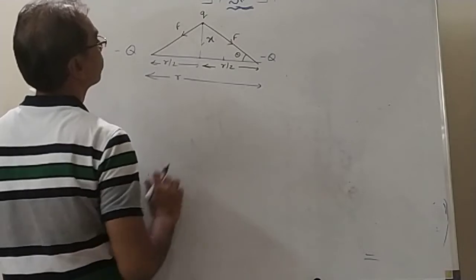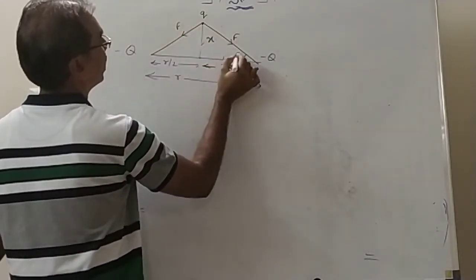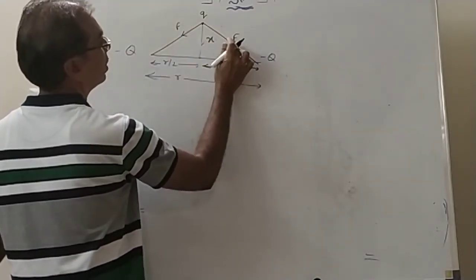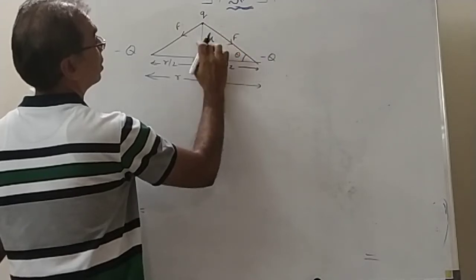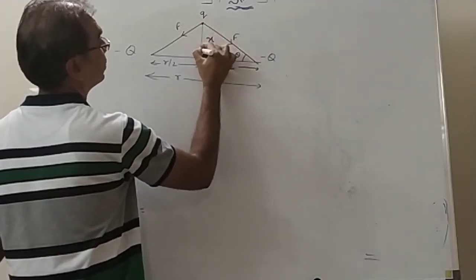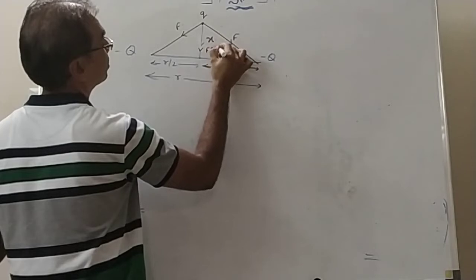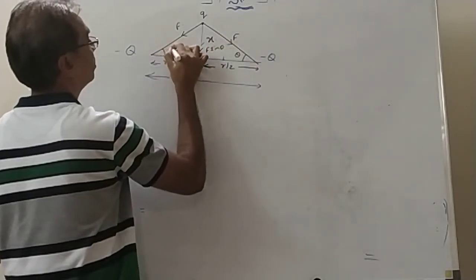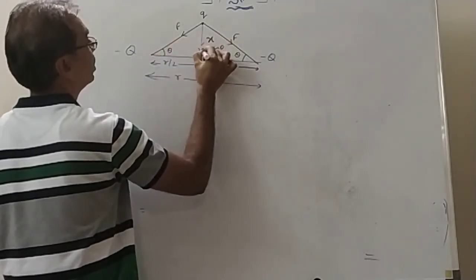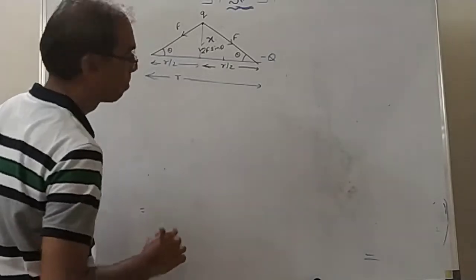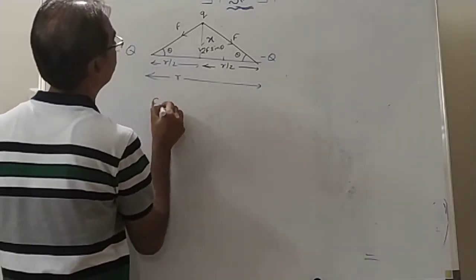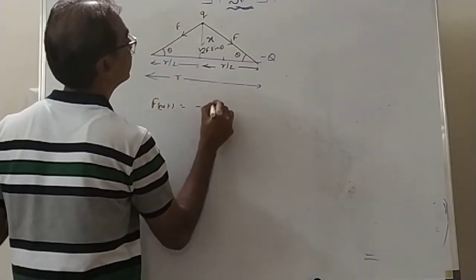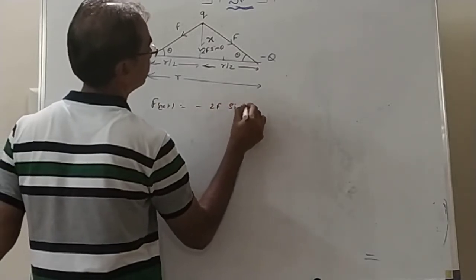So if this is F, and this is theta, then this component of this F will be F sine theta, and here also theta will come, so this also will be F sine theta, so net force will be 2F sine theta. So we will write net force is minus 2F sine theta.